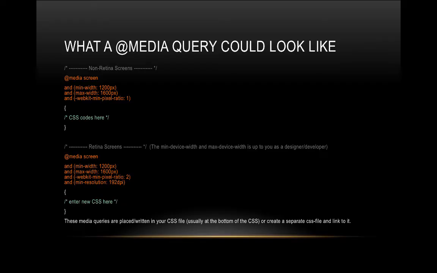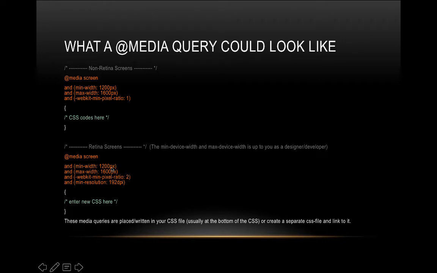Maybe they're above 1200, but that would mean that if we're using a slightly older computer, we might actually get a mobile look on that. That won't work. So we're using this here, WebKit min pixel ratio and resolution. When I put in a number here, in this case 2, and the resolution is at the minimum, it's going to divide these numbers up here when it's a retina screen.